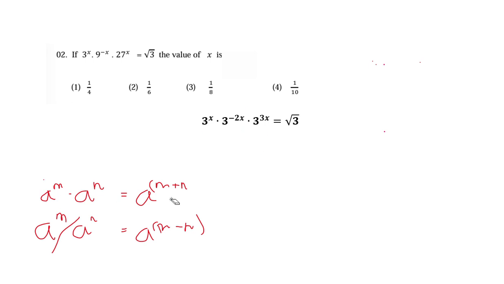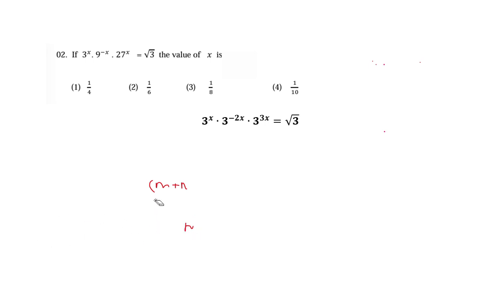So here what we have is 3 exponents multiplied with the same base. So we just have to add these 3 exponents at the top and just put the same base. In that case, what we will gain is 3 to the power x minus 2x plus 3x.